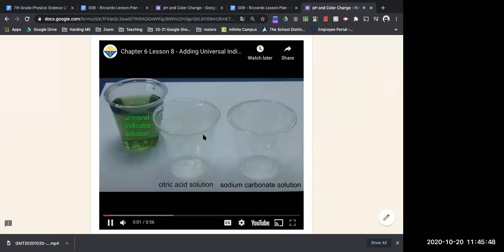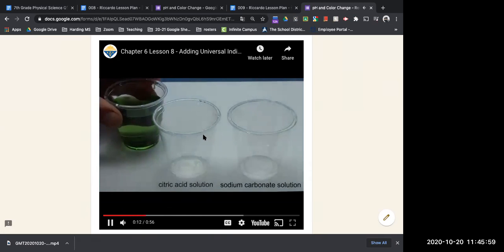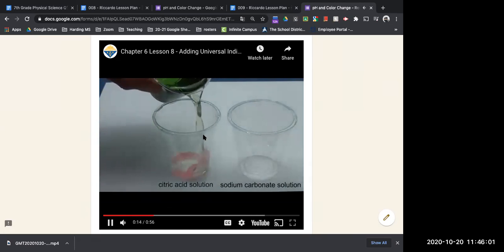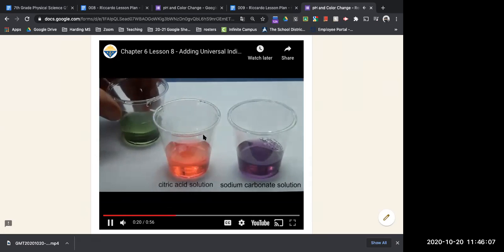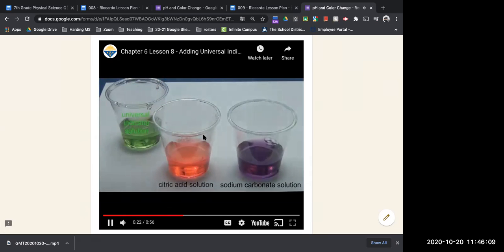The green liquid in the cup on the left is made from a liquid called universal indicator mixed with water. Universal indicator has a special combination of substances called pigments that give the indicator its green color. When certain substances are added to the indicator, it changes color, which can tell you whether the substance is an acid or a base. The universal indicator has turned pinkish red in the citric acid solution, but in the sodium carbonate solution, it turns purple.